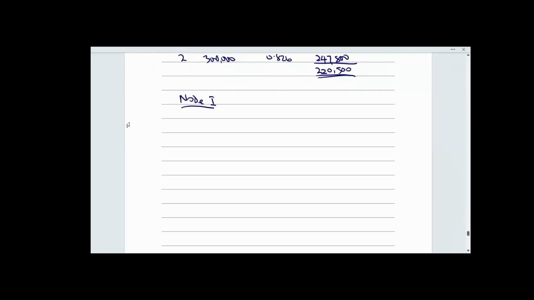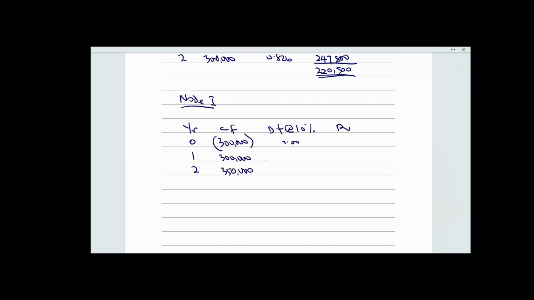Node I, create a column for year, cash flow, discount factor at 10%, then present value. Year 1 cash flow is 300,000 in node I. Year 2 cash flow in node I is 350,000.